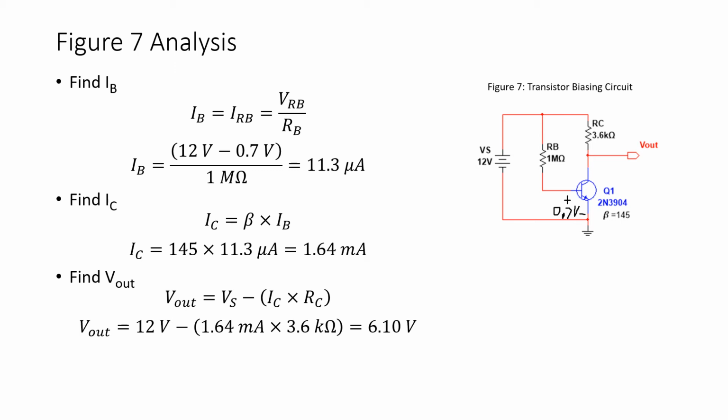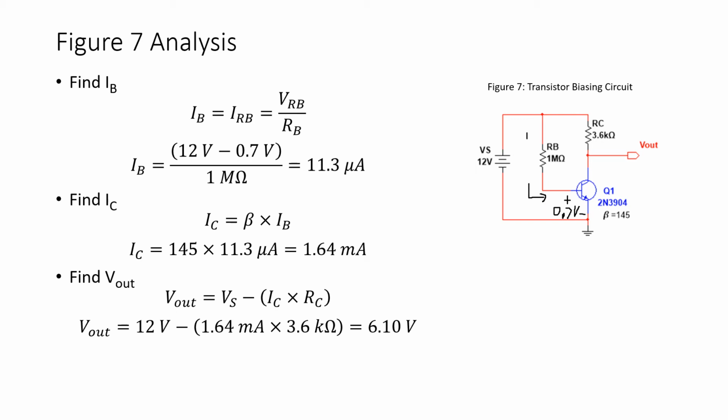So the difference between 12 volts and 0.7 volts is dropped across the resistor RB. And so if we take 12 volts minus 0.7 volts divided by 1 megohm, that tells us that we have 11.3 microamps flowing into the base of the transistor.